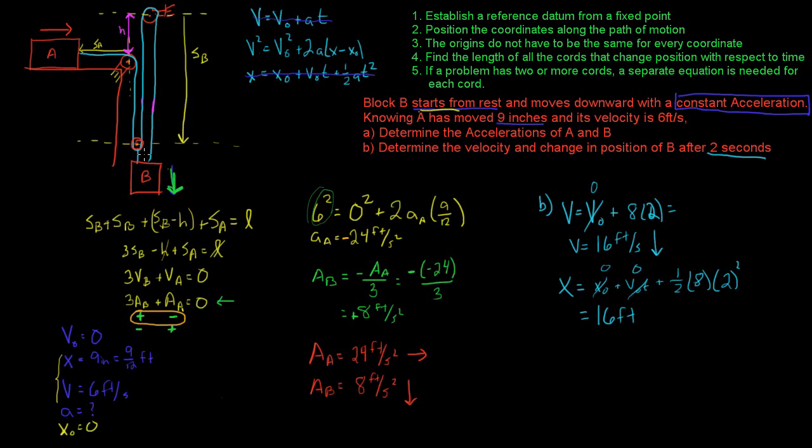And again, it's positive, so it means block B has moved 16 feet in the downward direction.